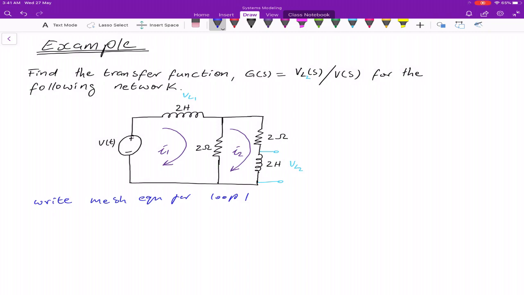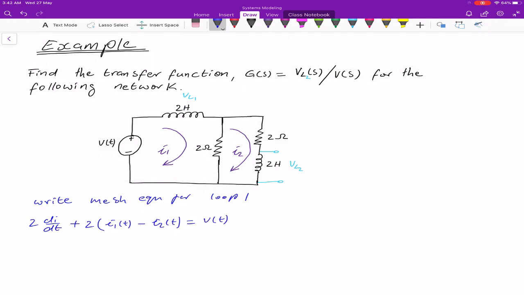We have 2 Henry across the first inductor, L1 di1 dt, plus the voltage drop across the 2 ohm resistor, with the current I1 minus I2. It's equal to our supply voltage.